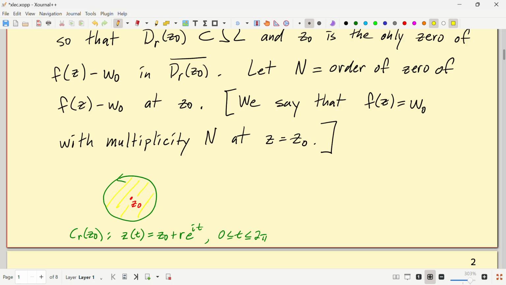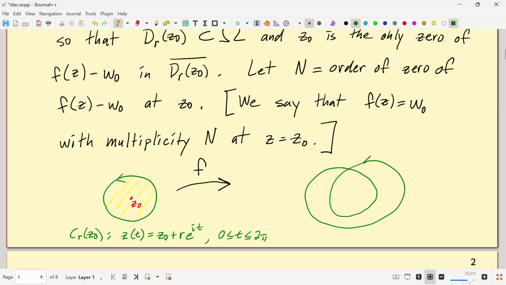Okay, and I'm going to take my f here. f is going to map that picture. It maps z naught to w naught, and f might wrap that curve around a couple times maybe. I'll make it go twice around. Okay, and here's w naught.